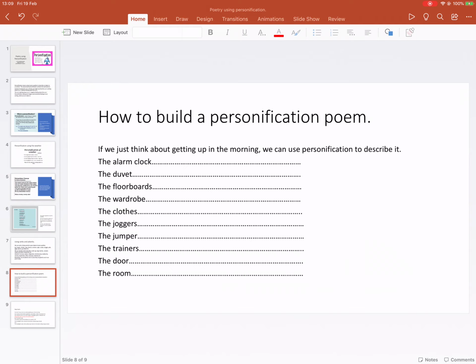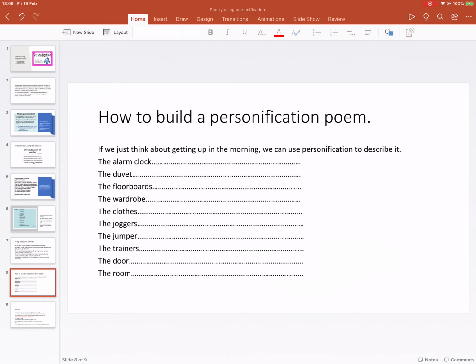Like I say, I'll go back to this one. I've picked a theme of just getting up in the morning and how I can use personification to describe getting up in the morning from my alarm clock. Don't say the alarm clock rings, because that's what they do normally. Either you've got to give it that human thing, so it shrieks, yells, something like that, screams, in protest. You know, it's trying to wake you up.